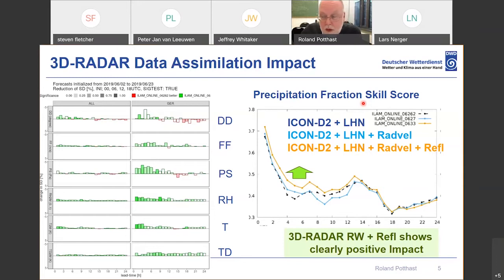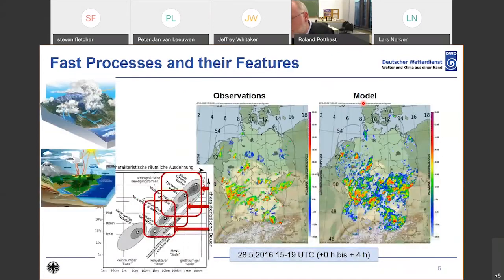And so we have been looking into this whole problem of the high temporal evolution of the precipitation areas. The idea came up, and it's an old idea of course, that you have to take care of higher temporal processes within your slower data assimilation cycle.